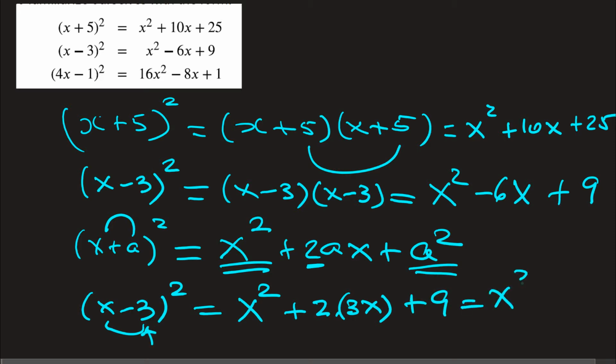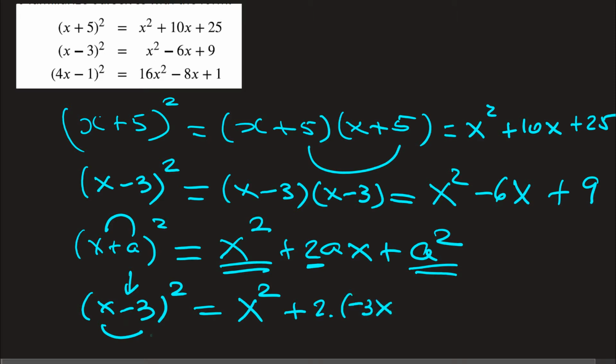And you get the same result as before. Oh, it was minus 3. Here is a mistake. Plus the double of the product of those two, but this is a minus here.